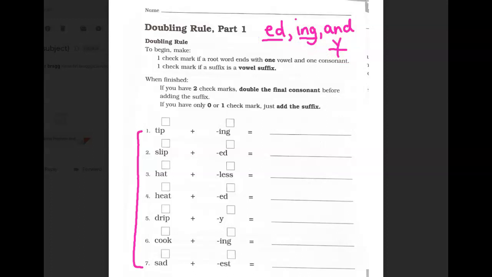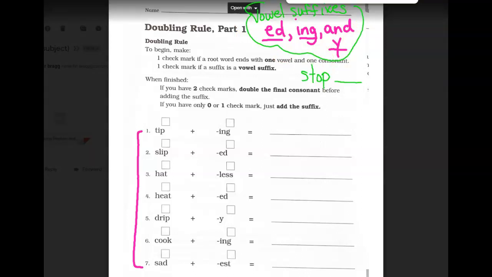Are those all vowel suffixes, do you think? That means they begin with a vowel. And do remember, y acts as a vowel sometimes. So that would be a yes. These are called vowel suffixes. So all of these, ed, ing, and y.